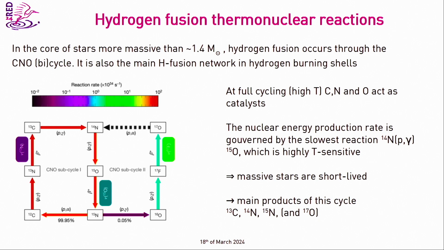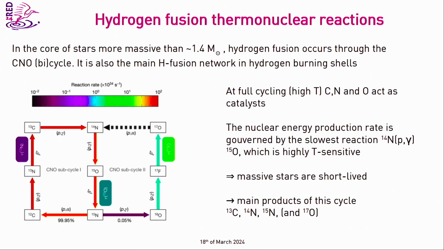Okay? Either you just grab a proton and you emit a photon, and then you go up in your stability valley. Otherwise, you emit an alpha particle, and so you go down in your stability valley. Okay?